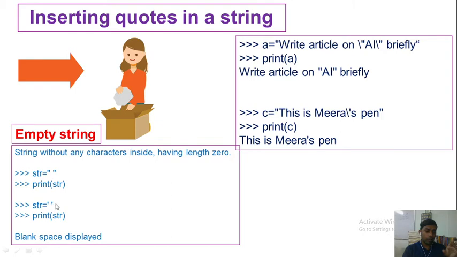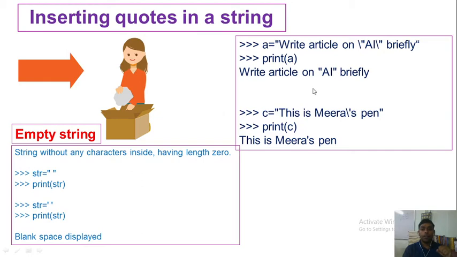Then another one, str equal to simply single quotes, then print str, which also prints nothing. So a blank is displayed, because we have nothing inside the string. That indicates an empty string, and it can be represented using either double quotes or single quotes.